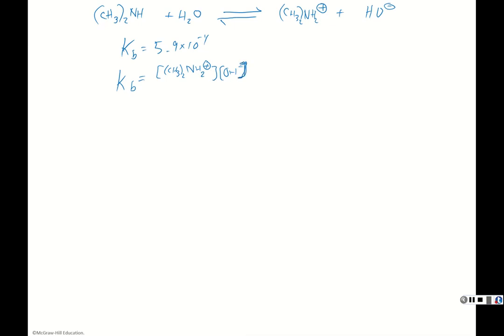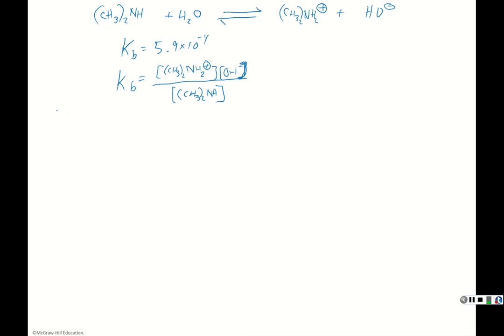Sorry, that's supposed to be a bracket there. Divided by our starting concentration of dimethylamine. And we're also being told that our starting concentration is 1.5 molar.